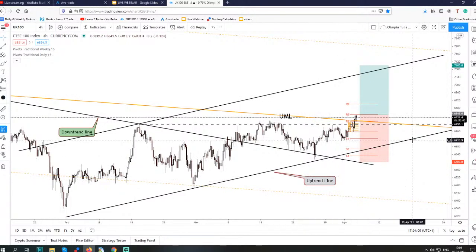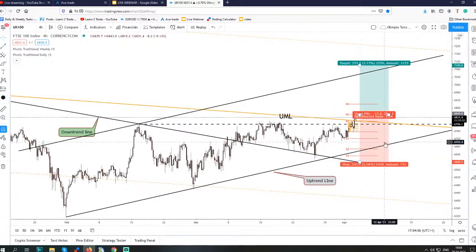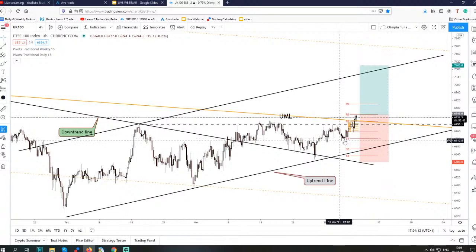But if the price continues to increase, we will maybe drag our stop loss below the weekly static support, below S1, right below these lows here.